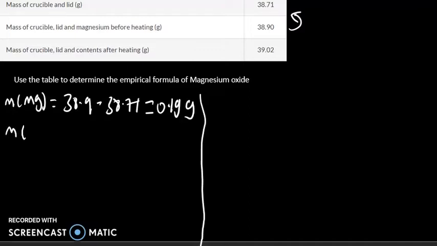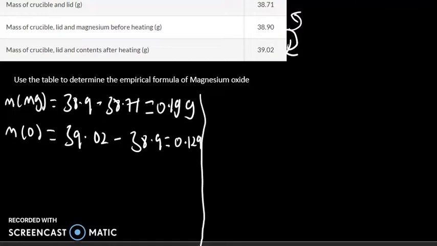And for the mass of oxygen, subtract this from this, so that will be 39.02 minus 38.9, so that will give you 0.12 gram.